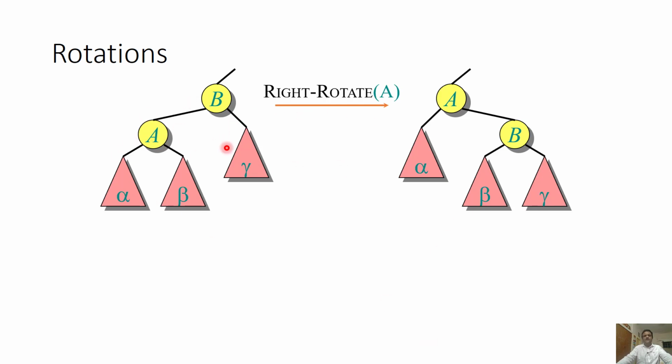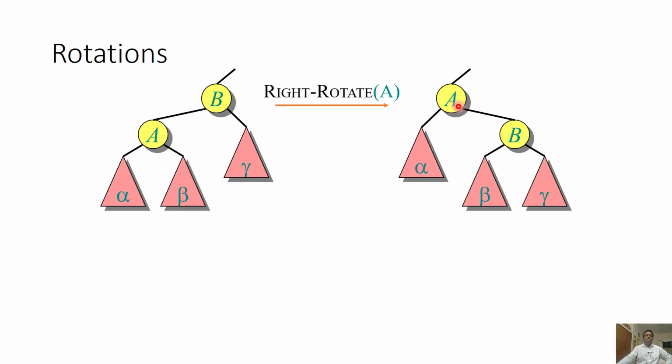Now, how will we do this rotation? We will just make A up, B down. That means this tree will be hanging with A as it was, and beta, the right subtree of A, will go to the left subtree of B, and the parent of B was somebody else over here.